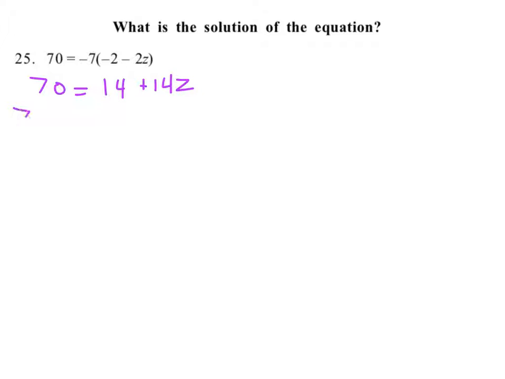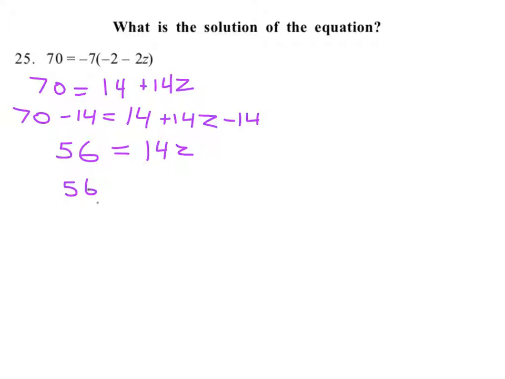And now our subtraction property of equality, taking away 14 from both sides to isolate the variable. And we say 70 minus 14 is 56. Sorry, I had to do that calculation there. And then that 14 cancels out the negative 14 at the end, so we've just got 14z.